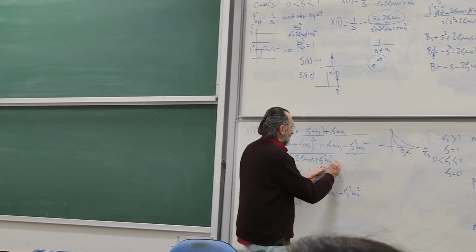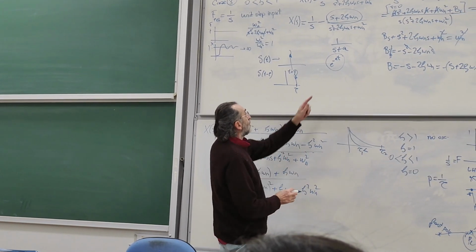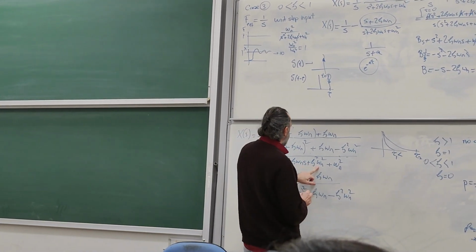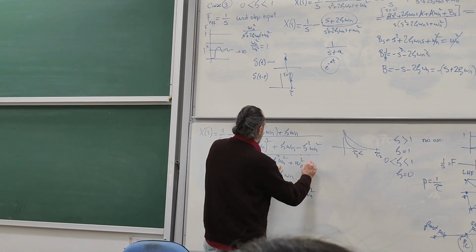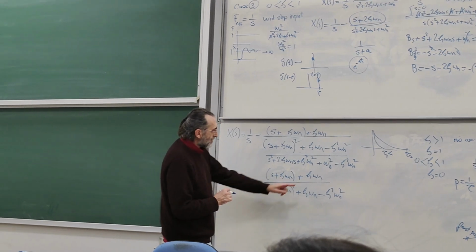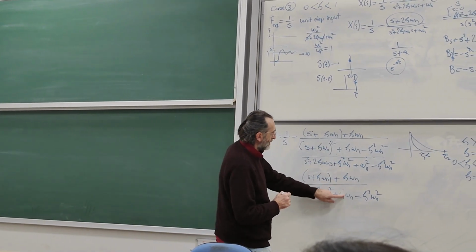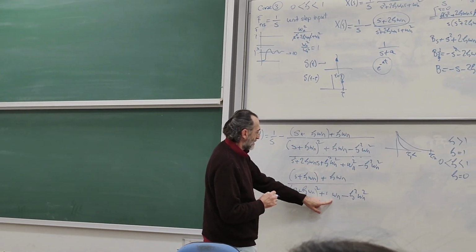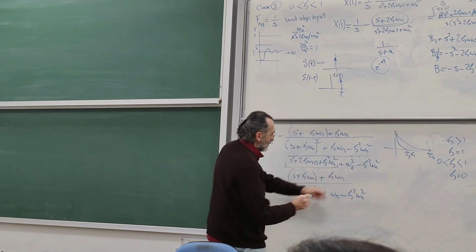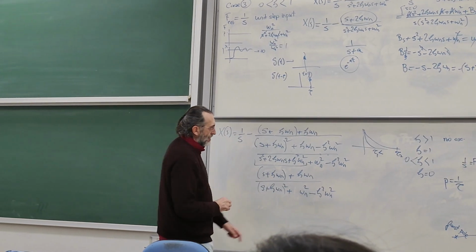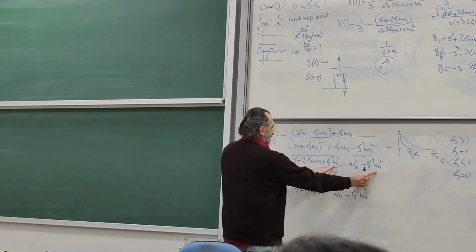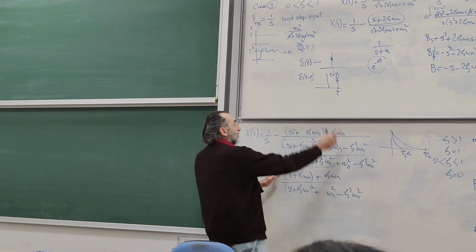Then I had an omega n squared from there, and then I have to get rid of this minus zeta squared omega n squared. So I guess this is just omega n squared. This is that. So omega n squared minus that. So this takes care of that, leaves me this and that, which is the same thing as that.